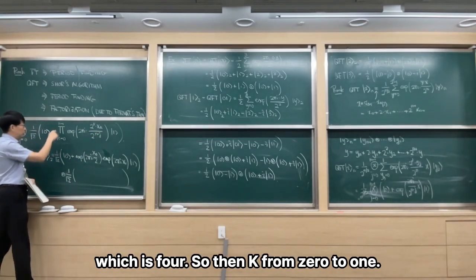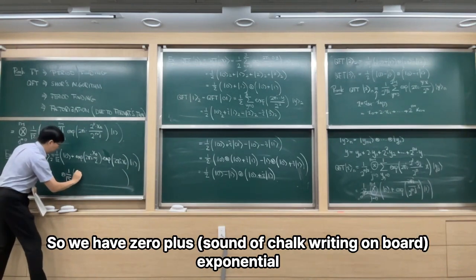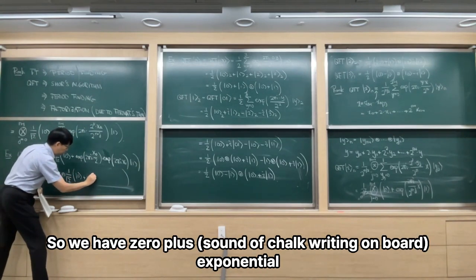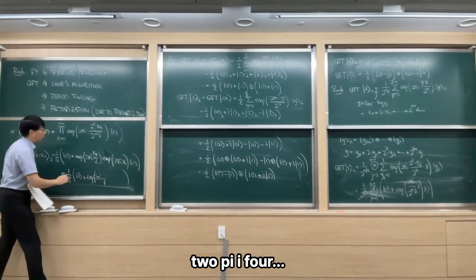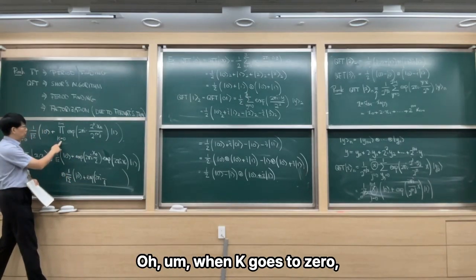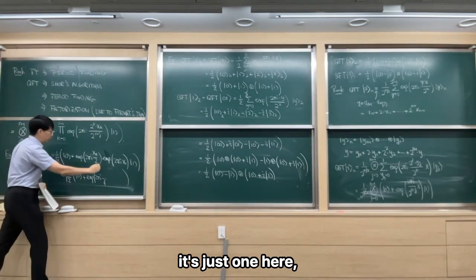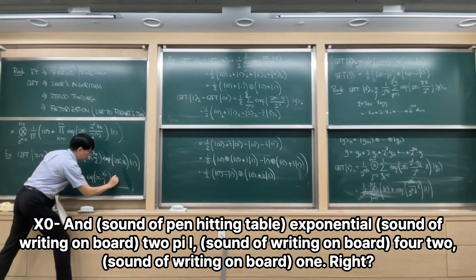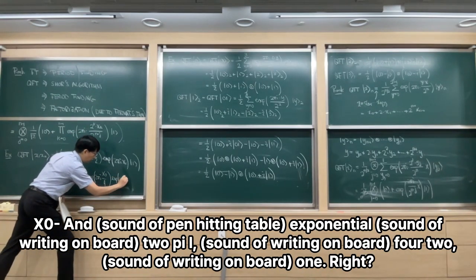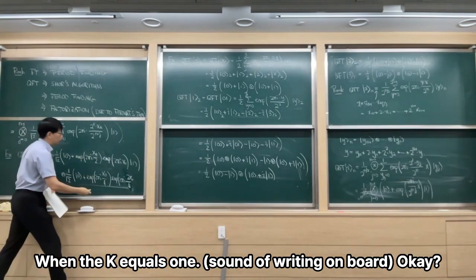And k from 0 to 1. So we have 0 plus exponential 2 pi i for, when k goes to 0, it's just 1 here, x0, and exponential 2 pi i for 2x1, right? When the k equals 1.